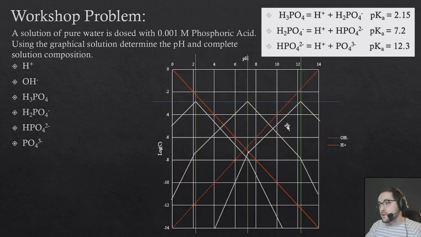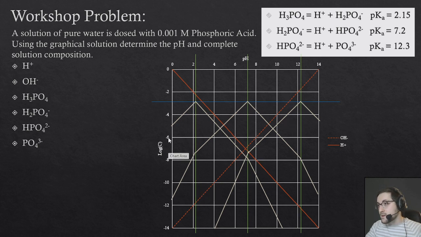And then lastly, after one line crosses a pKa line, the slope is going to double. So right here we got 45 degrees, and now the slope is going to double. So it goes from slope of 1 to 2. And then these lines drop off here, you see, as it crosses these pKa lines.